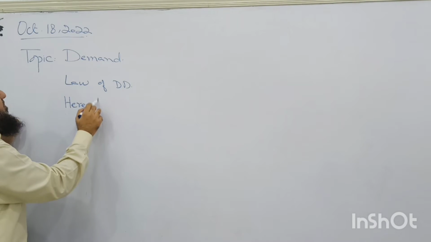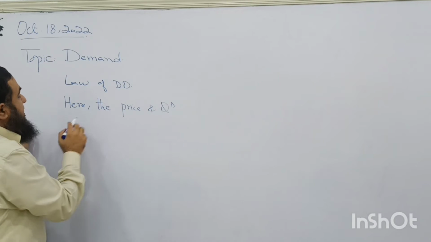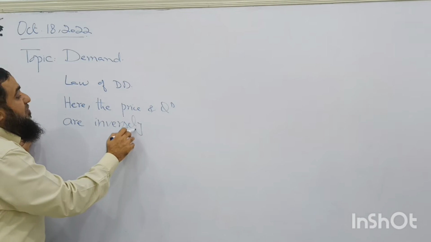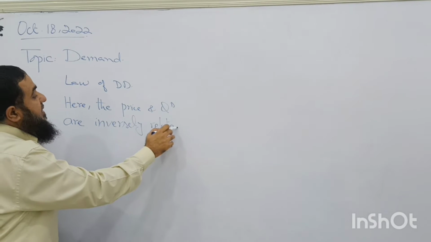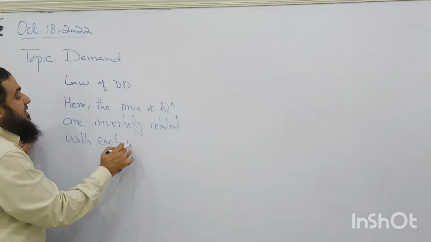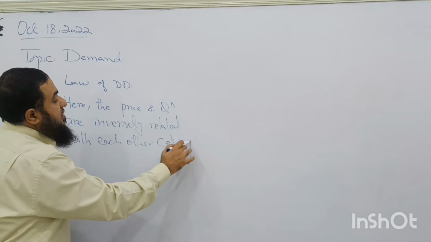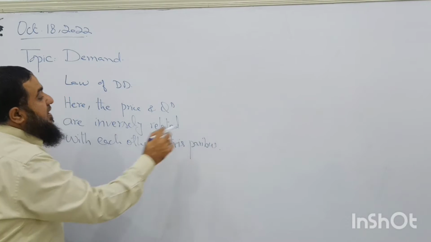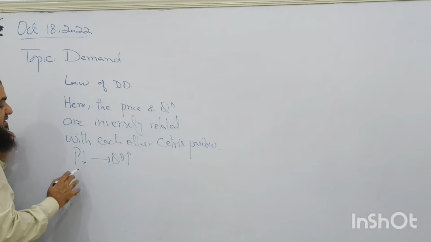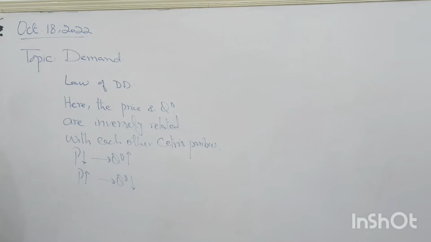Here, the price and the quantity demanded are inversely related with each other, at ceteris paribus, when other factors are kept constant in a given time period. Now see, when price falls, quantity demanded will increase, and when price increases, quantity demanded will decrease.